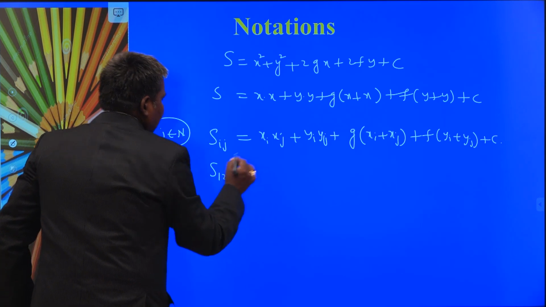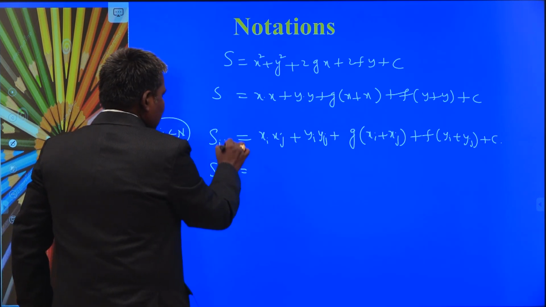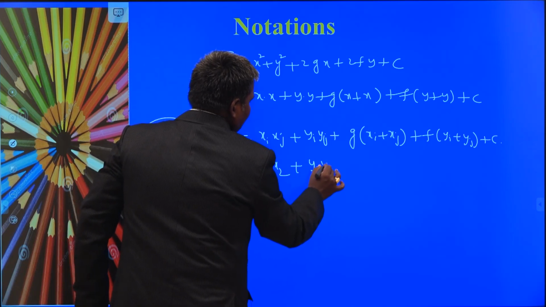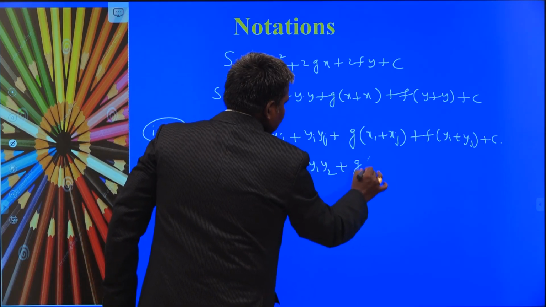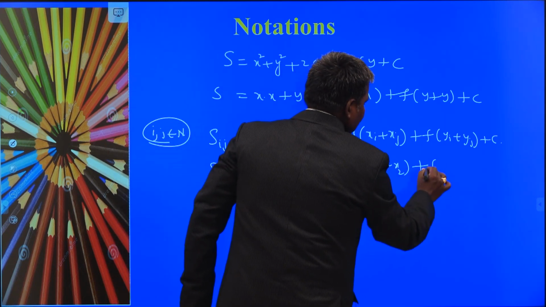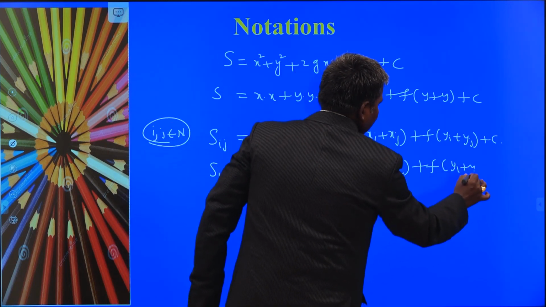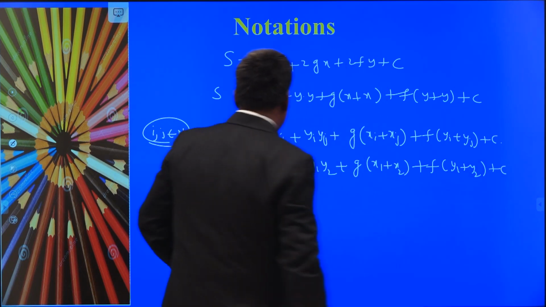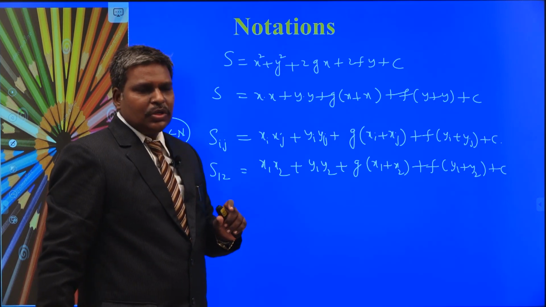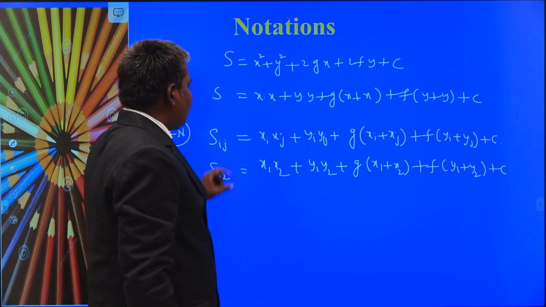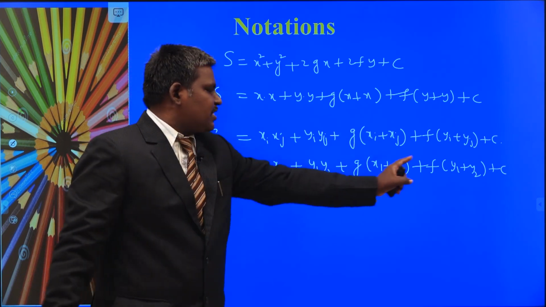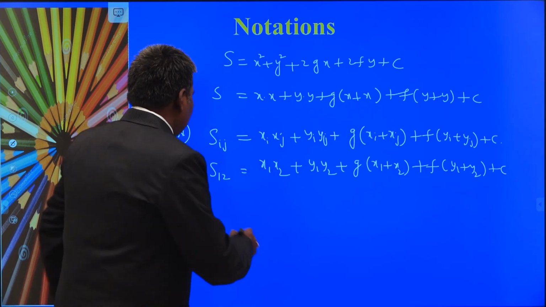For example, S12. How to obtain S12? Here i is 1, j is 2. x1 x2 plus y1 y2 plus g times (x1 plus x2) plus f times (y1 plus y2) plus c. That's it. So to obtain this value, what do we need? One S should be there, and x1, y1, x2, y2 should be there. Then only we can express S12.